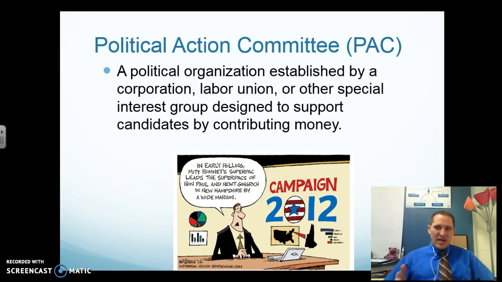The more money that a candidate can raise, the better the chance that candidate has of winning. And political action committees, while they do have certain limitations, are able to contribute money to campaigns so that they can travel more, they can get more advertisements out there to voters, they can get more people to work for the campaign.